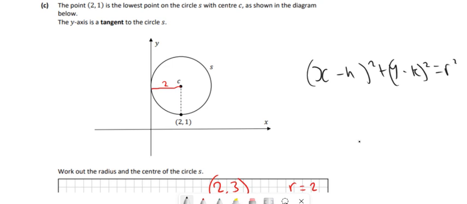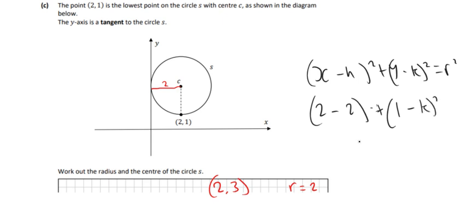So if you put the point 2, 1 in, so 2 minus h, and you know that h is 2, because h is the x. Then y minus k, with the y from the point on the circle, and you just leave k.